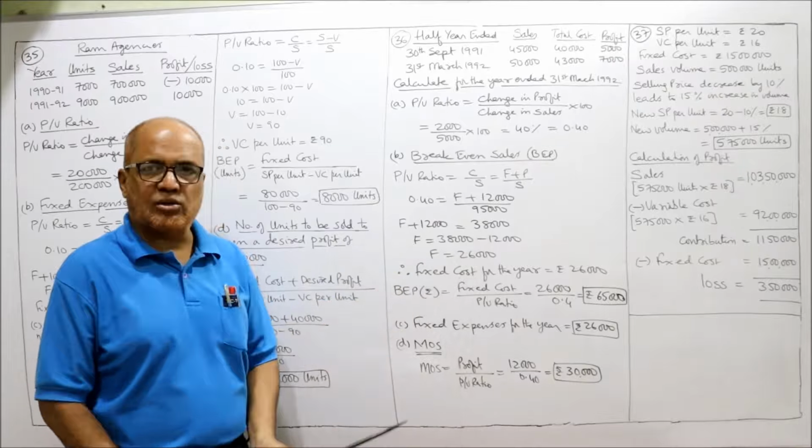That means the company will incur a loss of 3,50,000 if it decreases the selling price by 10%, leading to an increase in volume by 15%. That's all. This is the end of problem number 37.